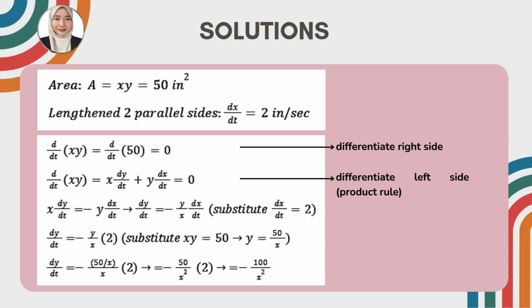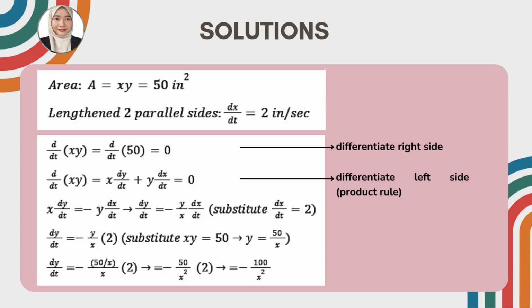And then we rearrange the equation that we have got, which is dy/dt equals minus y over x times dx/dt. From the question, we already know that dx/dt equals 2 inch per second. So we substitute dx/dt into dy/dt, and we get dy/dt equals negative y over x times 2.